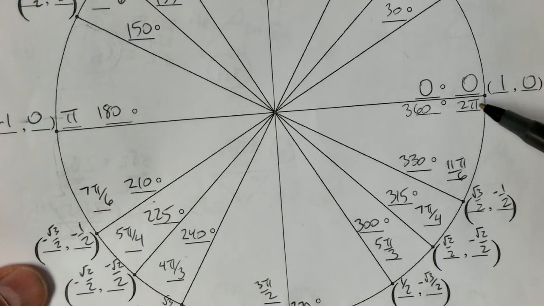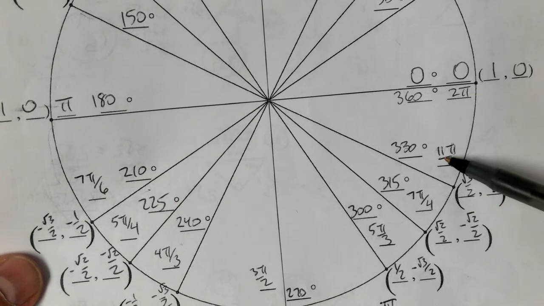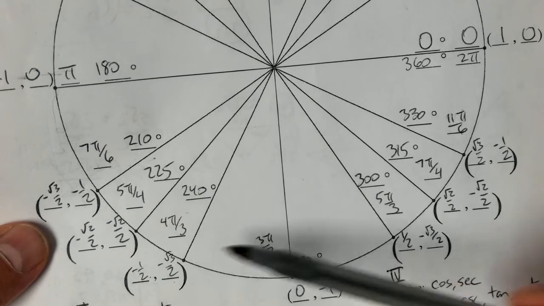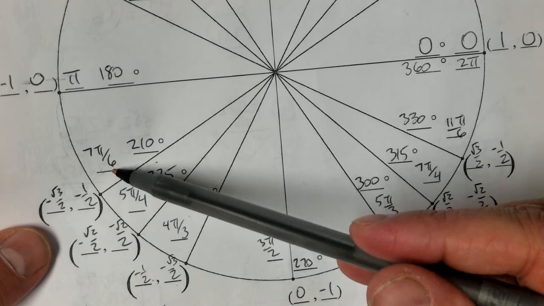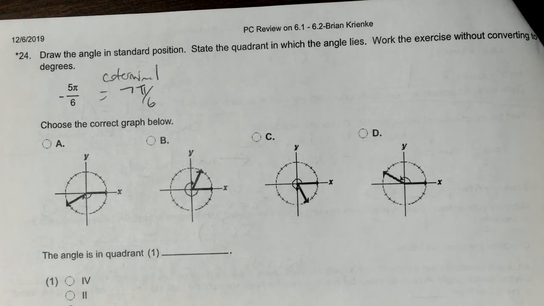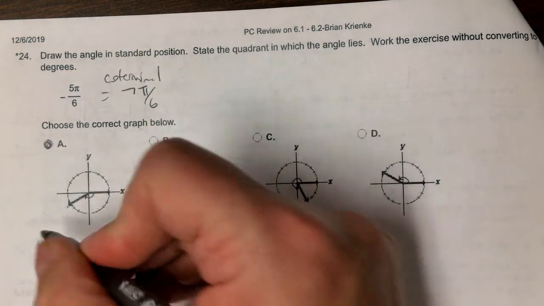Or, like we said before, you can count backwards. 0, then 1 pi over 6, 2 pi over 6, 3 pi over 6, 4 pi over 6, 5 pi over 6. So, yeah, to right there. And so that's A, and that's quadrant 3.